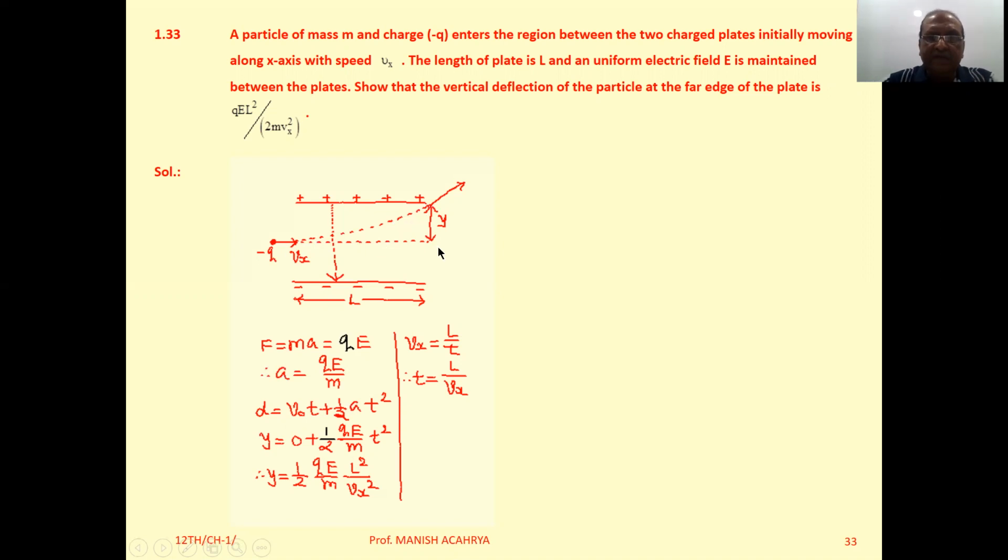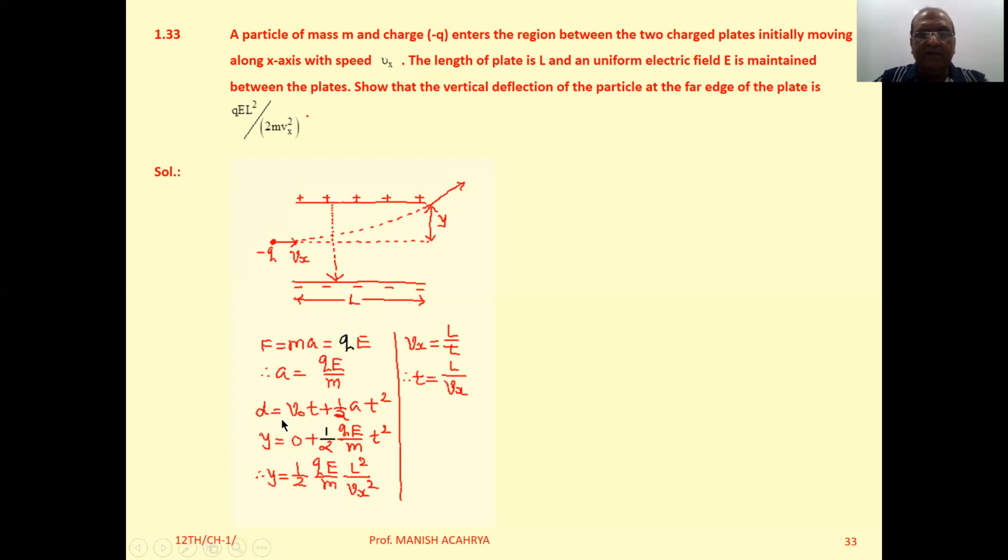Suppose when it comes out from the edge of the upper plate, at that time its displacement in vertically upward direction is y. So vertical deflection is y. Now vertical motion is with constant acceleration. Horizontal will be with constant velocity, because in horizontal direction there is no force.